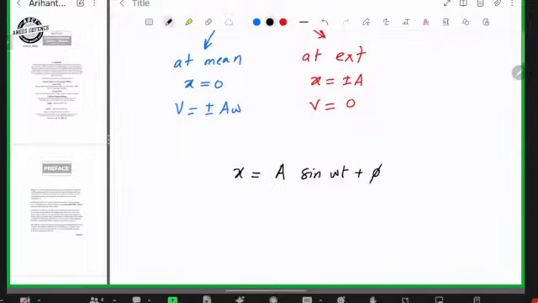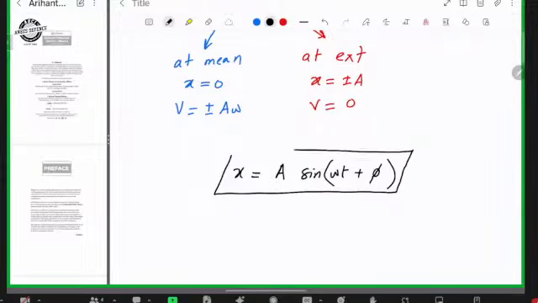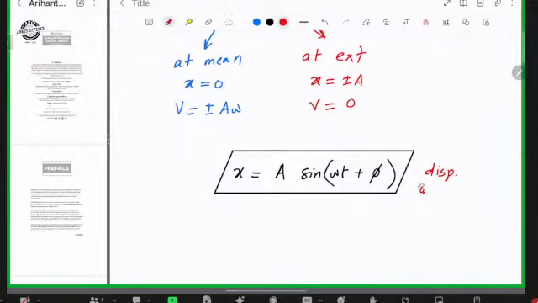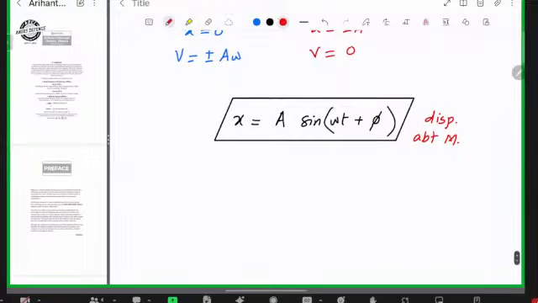This is the equation of displacement of the particle about its mean position. Here A is amplitude, omega is angular velocity, t is the instantaneous time. What is phi? Phi is known as epoch. Epoch means initial phase.